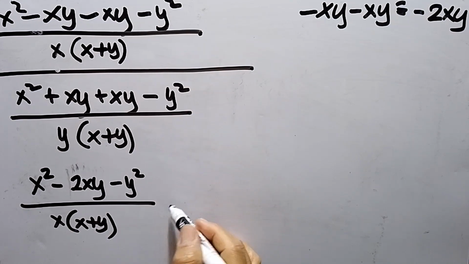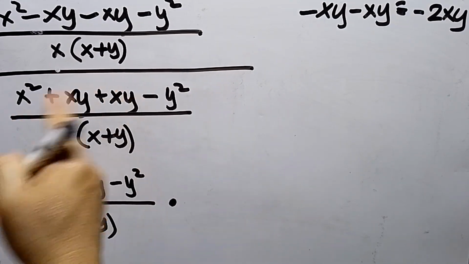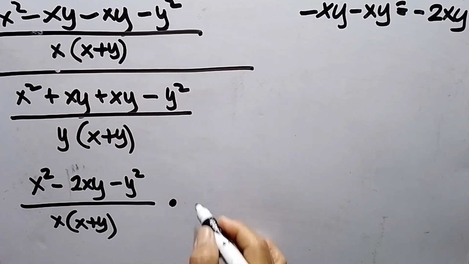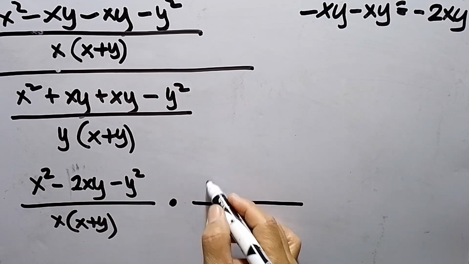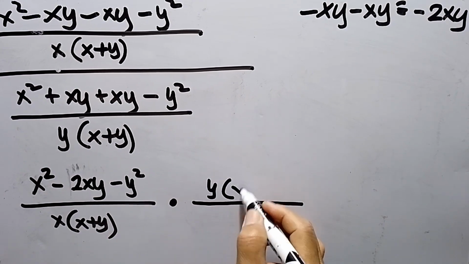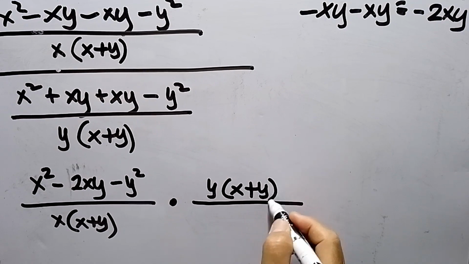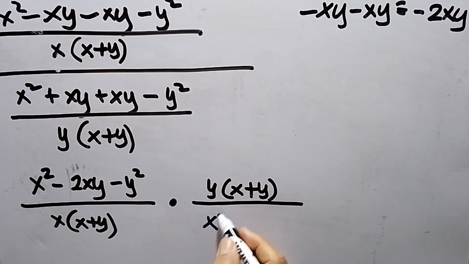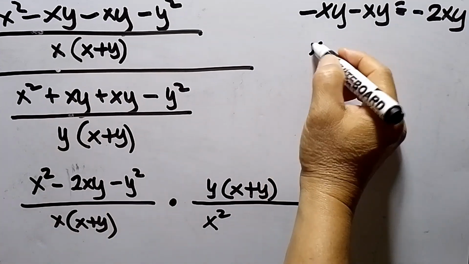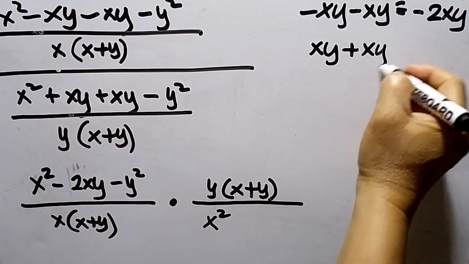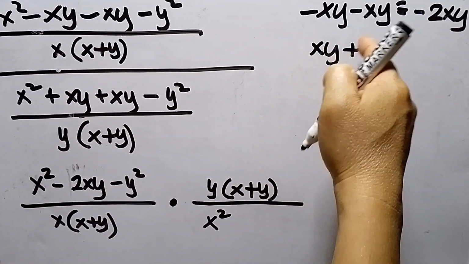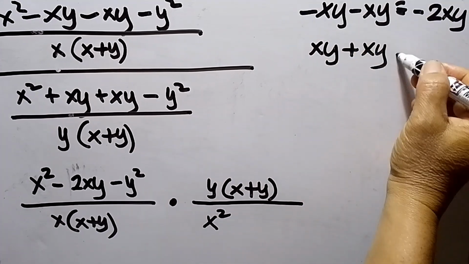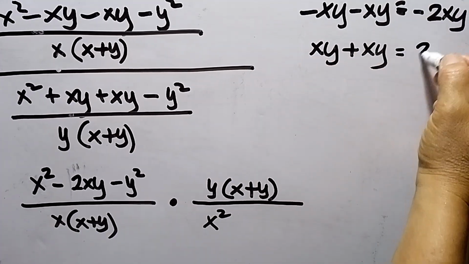Then change this one to multiplication, then take the reciprocal of the denominator. So I have y, round brackets, y plus x plus y, and then combine this one. So this will be x squared, xy. Take note, xy plus xy, there is 1 in here and 1 before the variables, so 1 plus 1 is equal to 2.